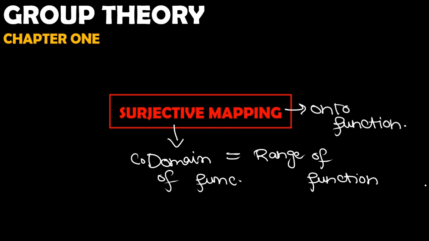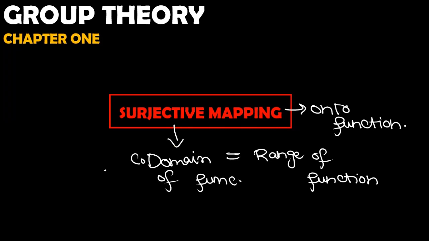If the range R of a mapping from X to Y is the set Y, then f is a mapping of X onto Y. Such a mapping is called a surjective mapping.